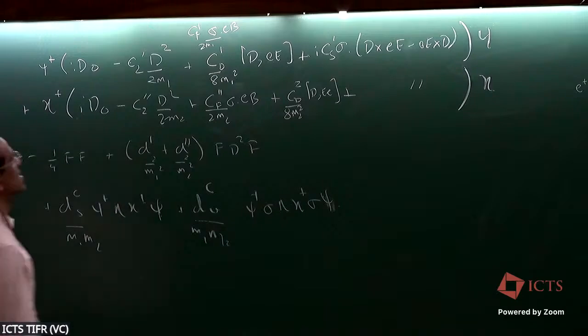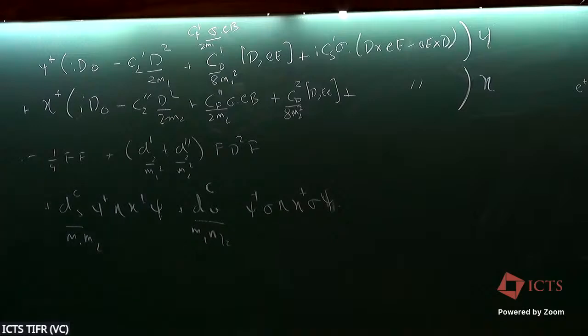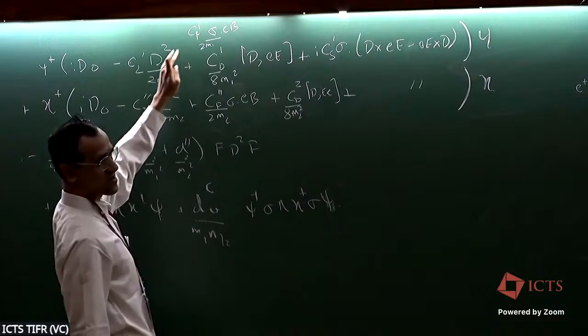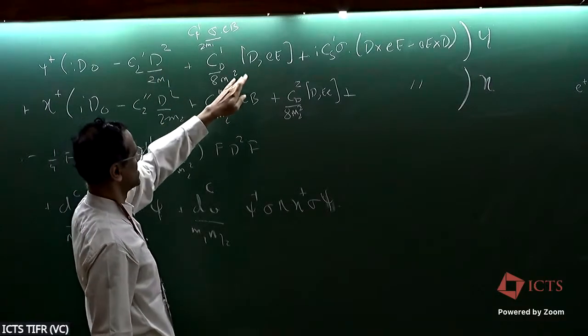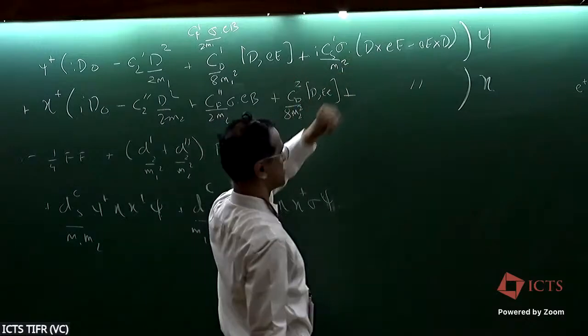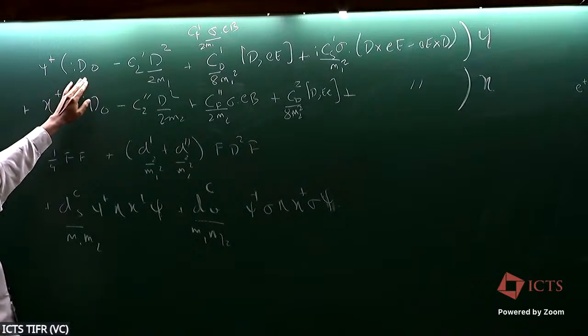So in HQET, these two terms will be of the same order because they are both 1/m. These will be suppressed by 1/m squared, so they'll be lower in order. But here, there's a difference.